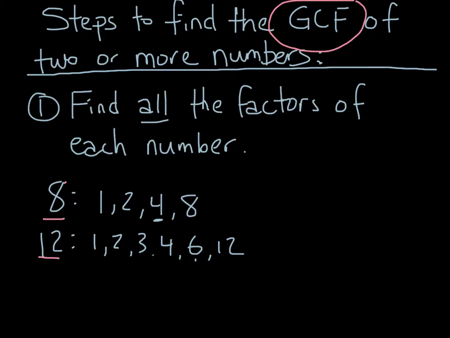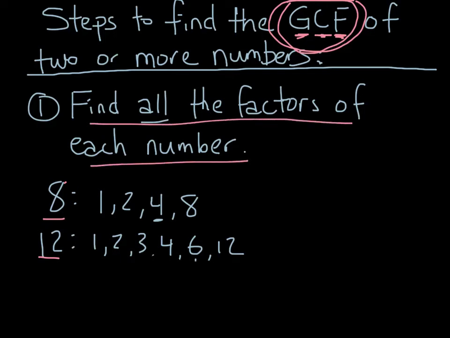So in other words, we're trying to find the largest, which is the same as greatest, factor that both 8 and 12 have in common. That's where we get greatest common factor, right here. So we've done the first step. We've found all the factors of each number. Now let's talk about the second step.